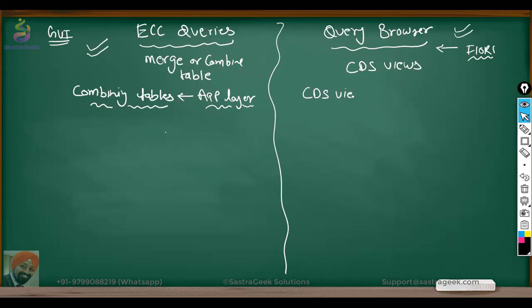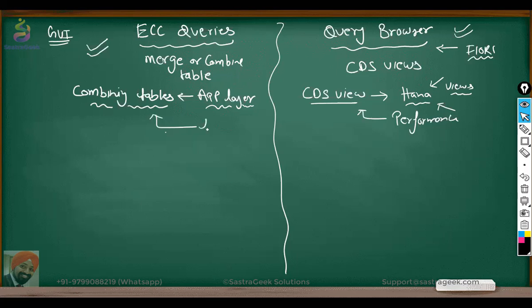CDS views use a methodology of code pushdown, pushing your code down into HANA. So whatever merging of the tables or views is done would be done at the HANA database level, to use the capability of the HANA database. This has much higher performance compared to the low performance of your queries.